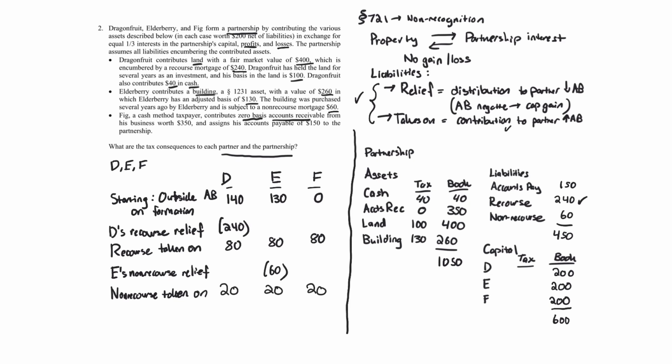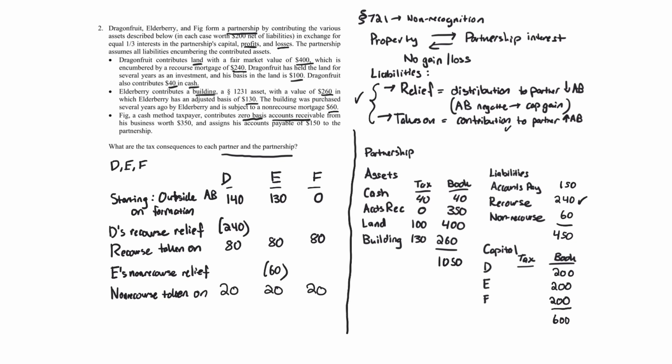So the next element is F. F has accounts payable. When you have zero basis accounts receivable, accounts payable, there's a special rule. The special rule is you're allowed to offset the accounts receivable with the accounts payable.